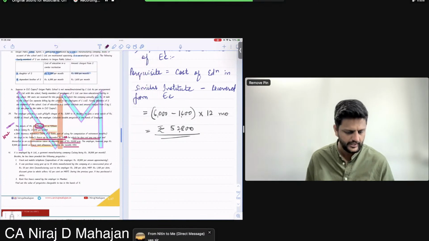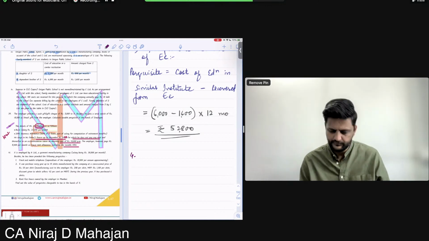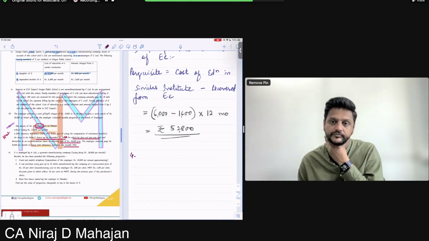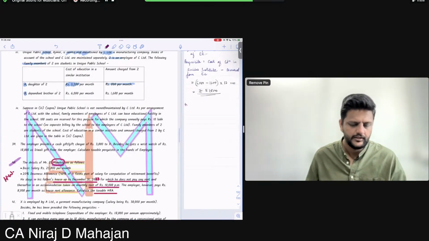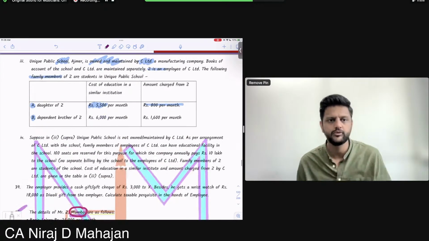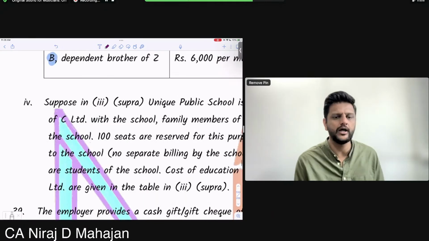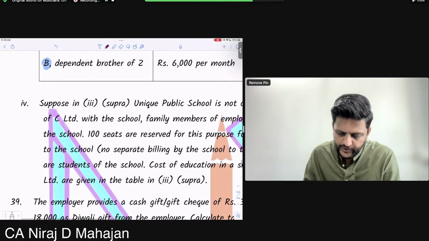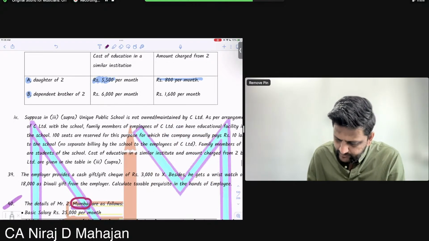And last case in that, the fourth one. Suppose in case number 3, above mentioned, supra, the school is not owned or maintained by the company.